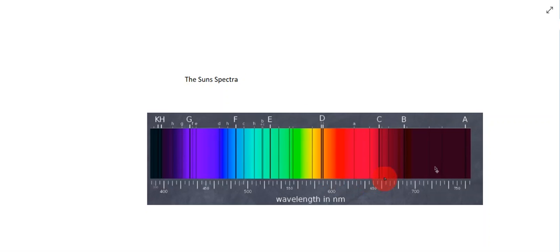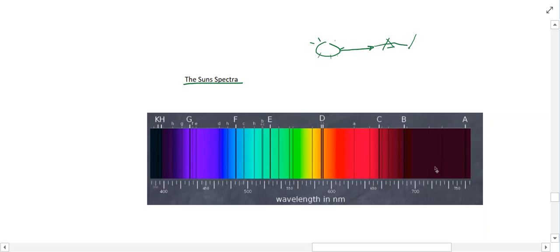So if we have a look here, this is the sun spectra. Basically, imagine you have the sun and you have light coming from the sun. It's going through a prism and it's being split up into all of its different wavelengths.